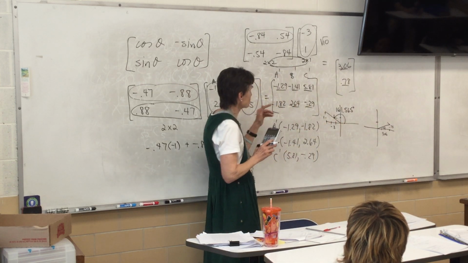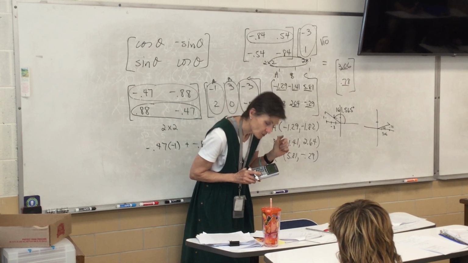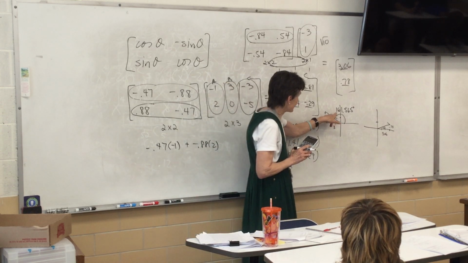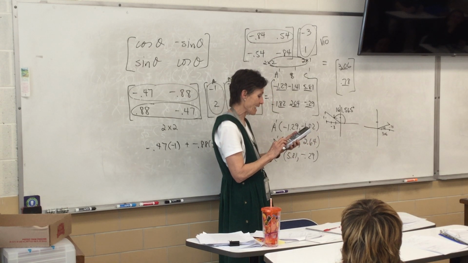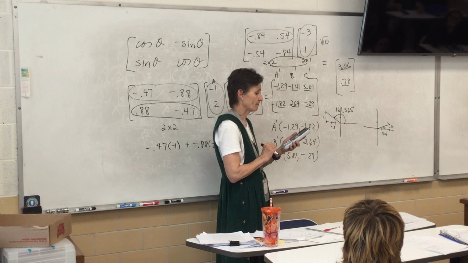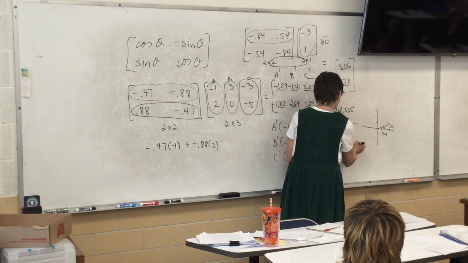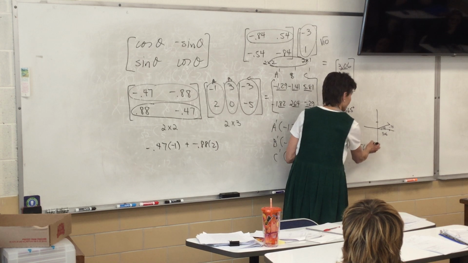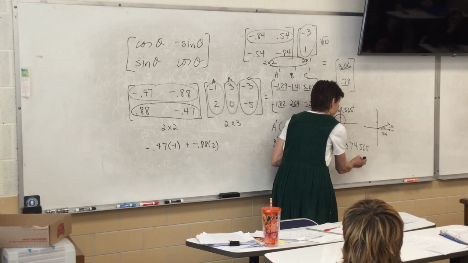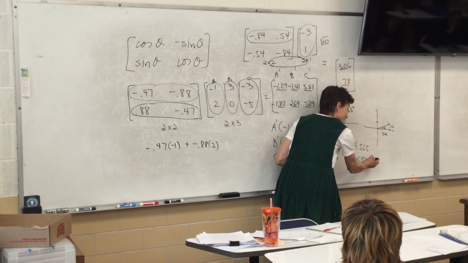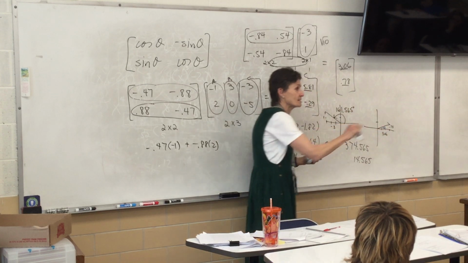Now remember, this rotation was through how many degrees? 213. So let's take 161.565 and add 213 to it. I got 374.565, which is more than a revolution, so that would come down to 14.565, which isn't exactly what I got, but again, it's because of the round off.